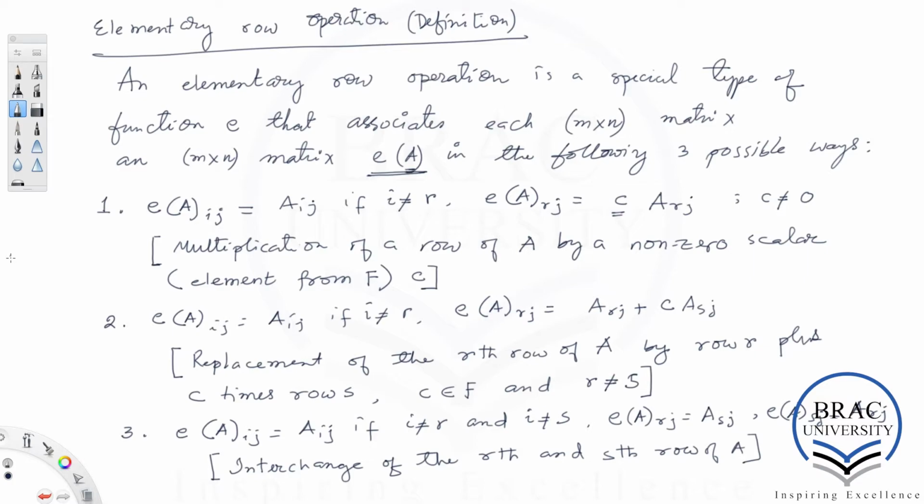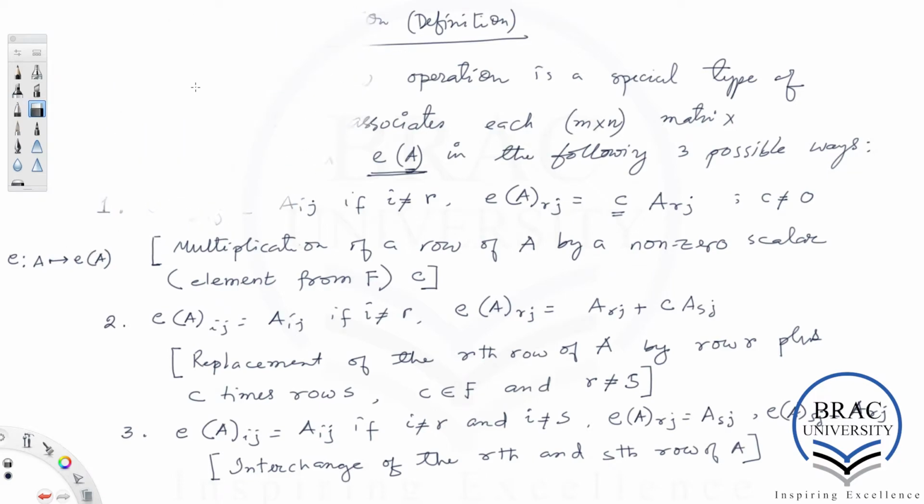So this is how this function A to E of A is defined. Okay, these are the three basic types of elementary row operations. Okay, so let me erase everything.